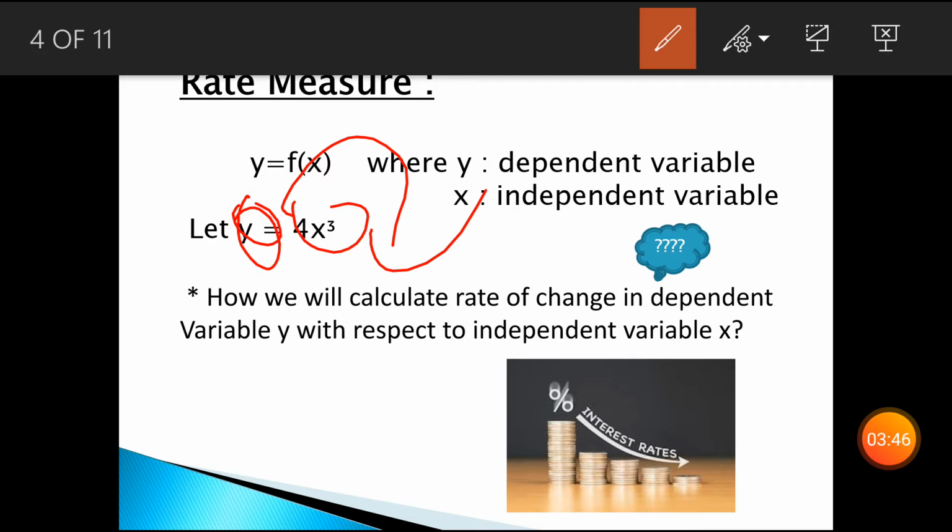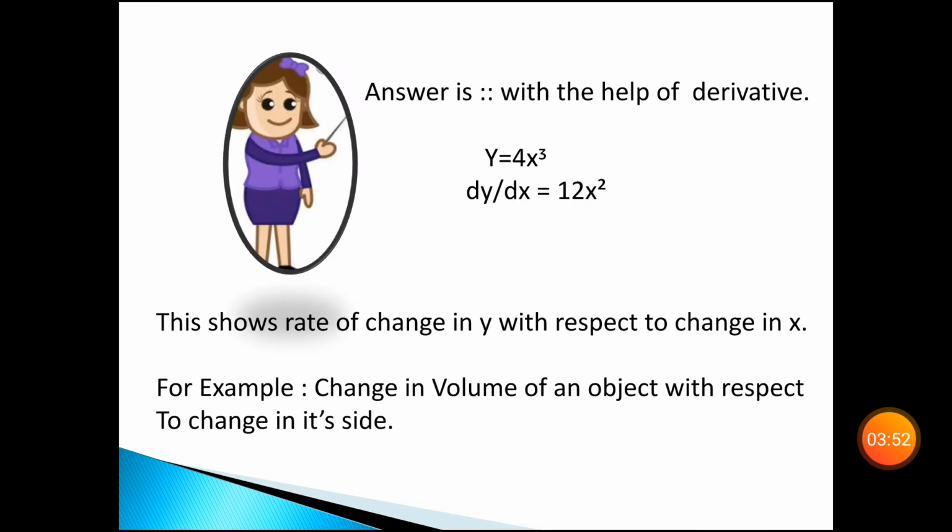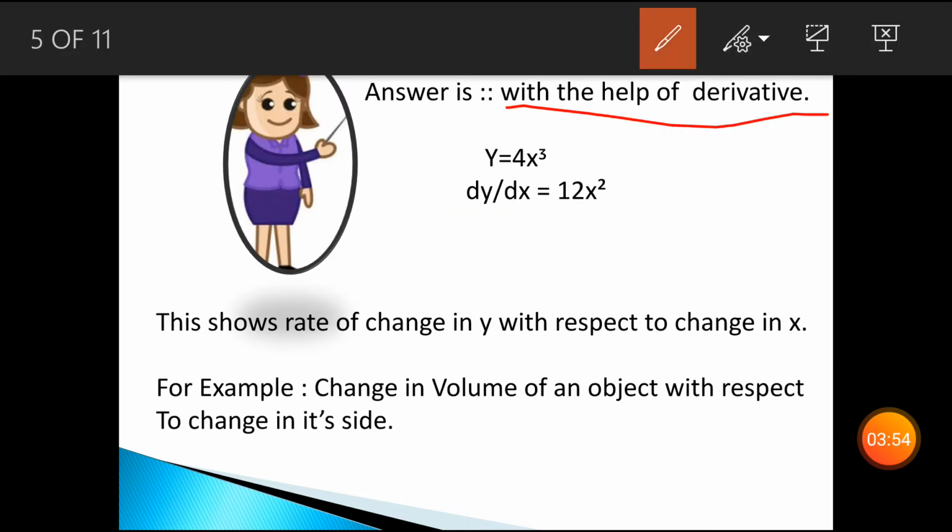Whenever such a question comes, your answer is only one: with the help of derivative. Whenever you want to calculate the rate of change in one quantity with respect to change in another quantity, you can solve such a question with the help of derivative.